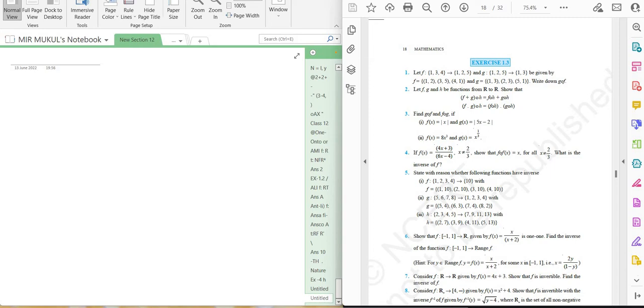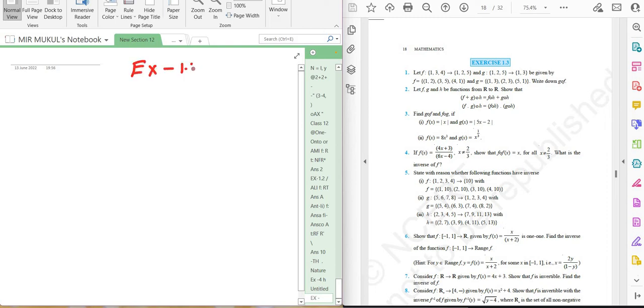So first, some questions we'll do. Exercise 1.3, answer 1. Here f is given, g also given.